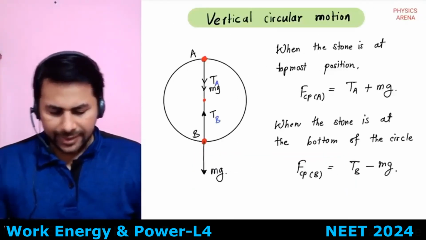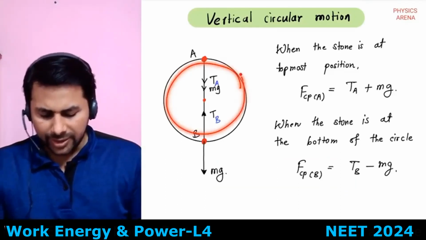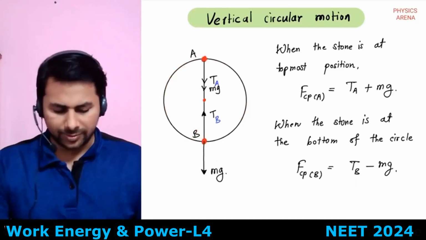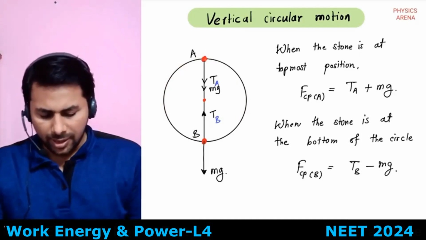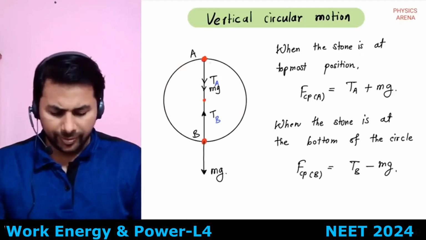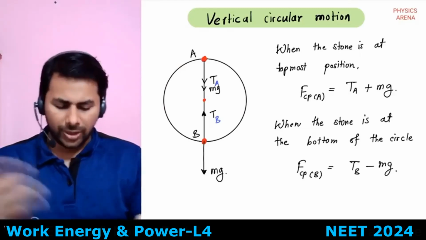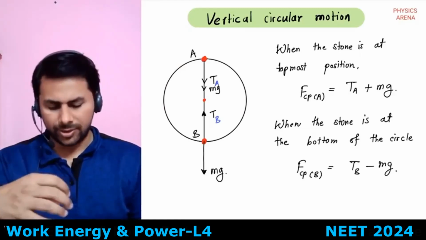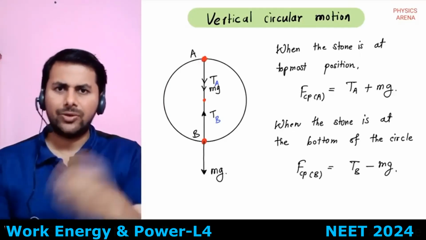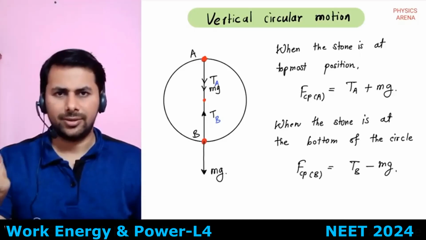As an example of this, we see vertical circular motion. Suppose the body is at this position. For example, suppose a ball or a stone is connected to a string and you whirl it in a vertical circle.